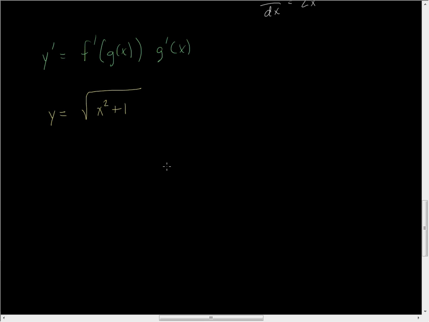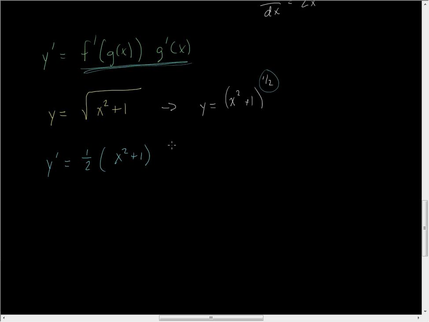Now to start off, I'm going to rewrite this the same way I did the other, as y is equal to x squared plus 1 raised to the 1/2. So the way to utilize this, the derivative of y with respect to x is the derivative of the outside, which is 1/2 times x squared plus 1 to the negative 1/2, times the derivative of what's inside, which is 2x.